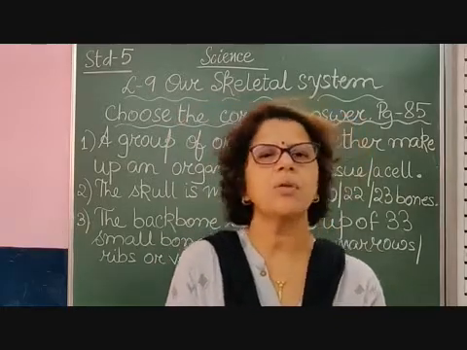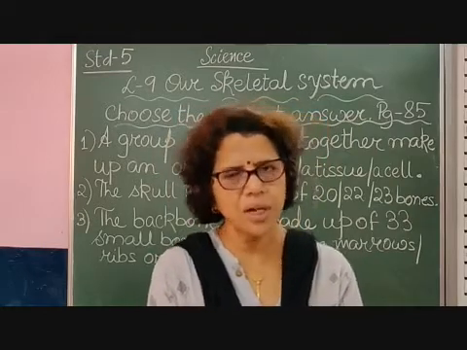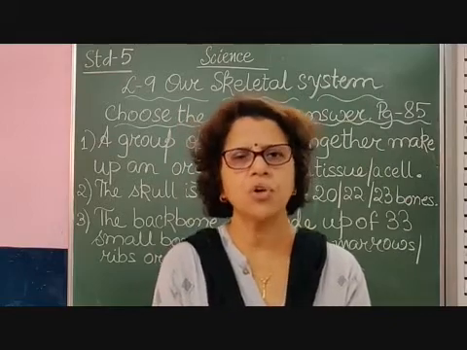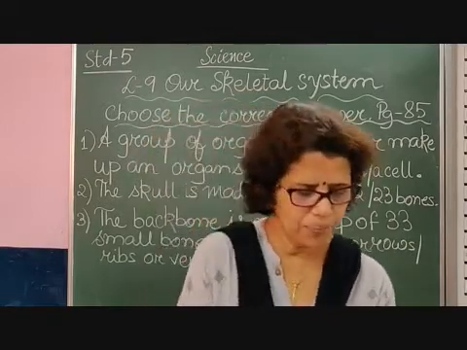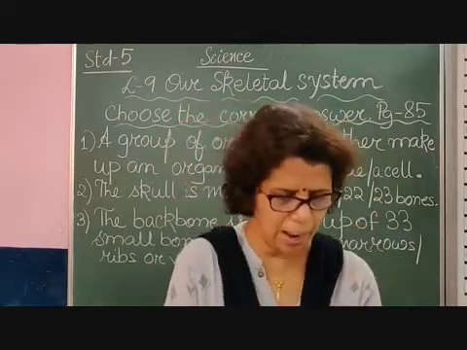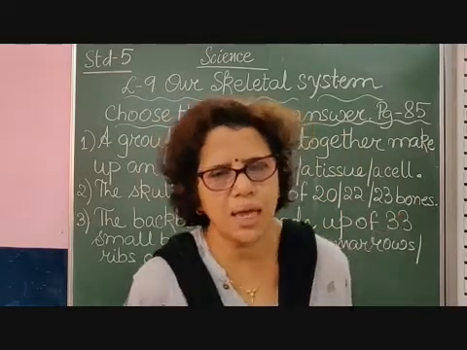Then we studied about the backbone or spine, which is also very delicate and very important. I told you that if it is injured, a person can be bedridden for life. The skull is also attached to the backbone, and it forms an axis to the skeleton.